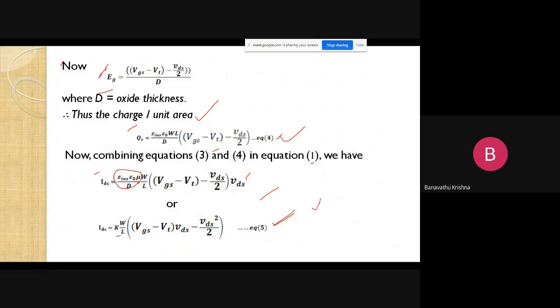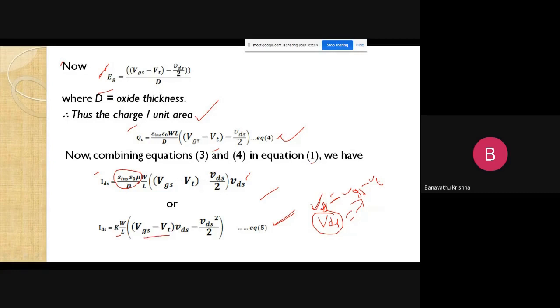At saturation mode, VDS equals VGS minus VT, so you can substitute VDS instead of VGS minus VT.